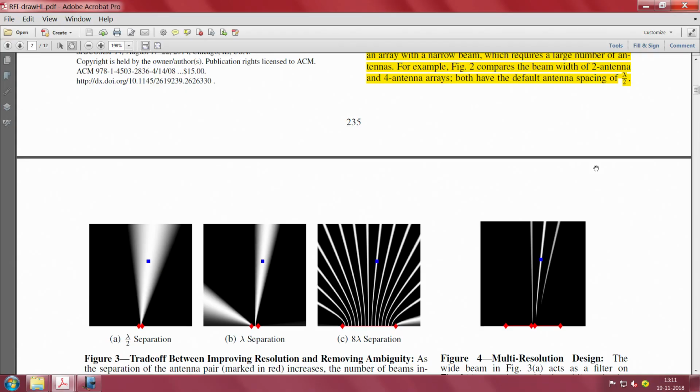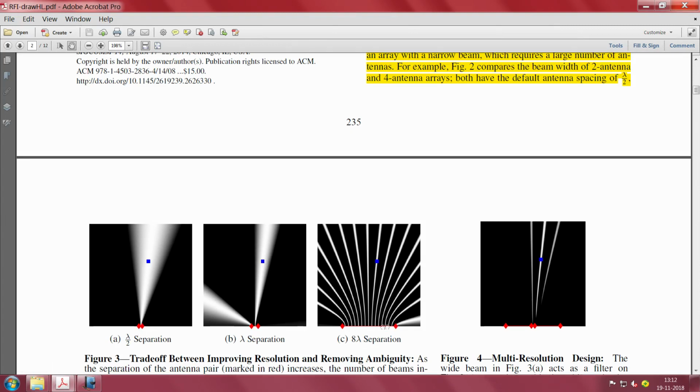Supposing you have A, the separation between the two antennas, set to lambda by 2. You know the frequency of operation of RFID, from there you find lambda and then you do lambda by 2. Just look at this picture. There are two antennas, you can see these two dots here. Similarly, if you have lambda separation, you have two beams going out this way.